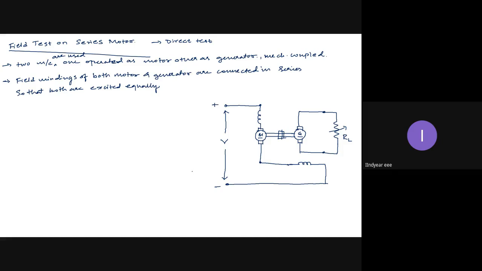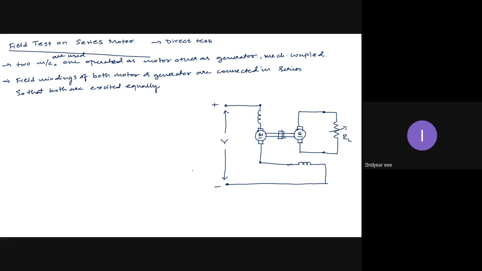The principle of Hopkinson test is to achieve back-to-back connection and the regeneration of output power, only drawing the loss amount of power from the supply.